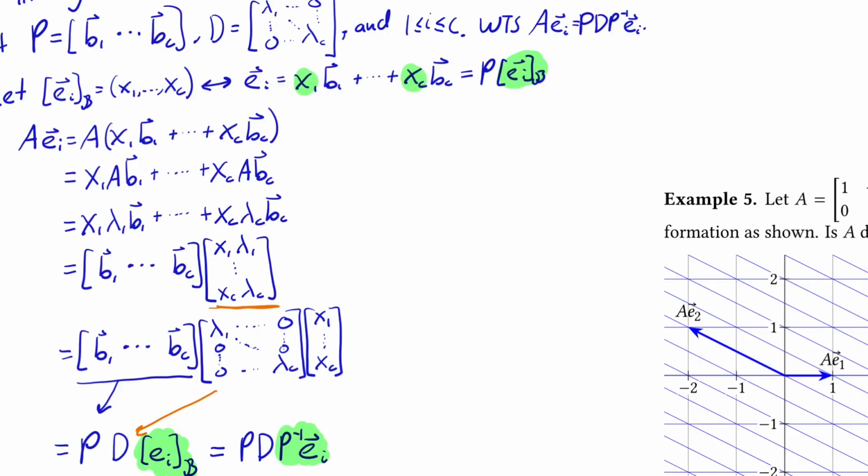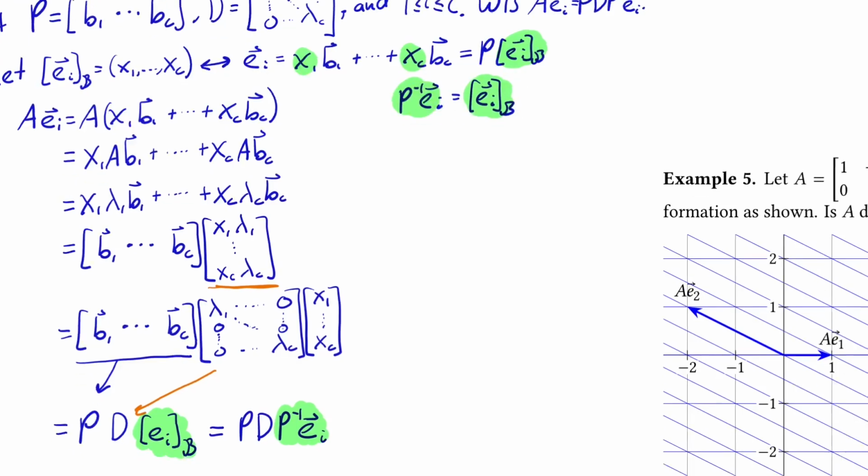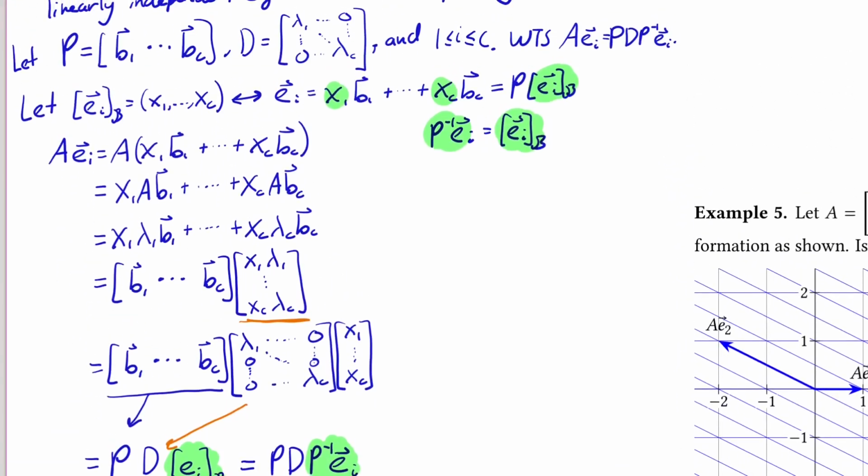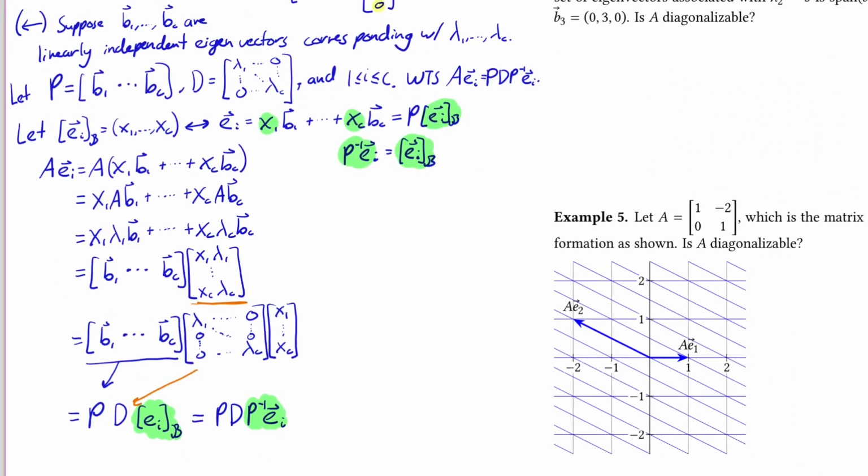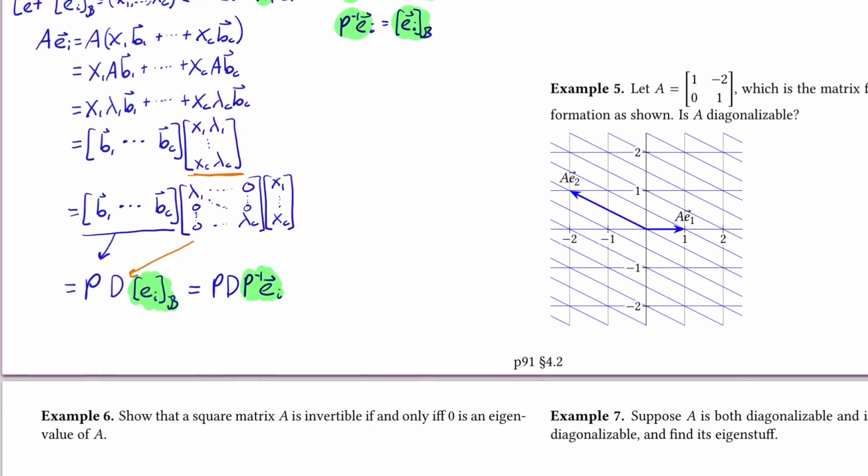If you were just to multiply both sides of this by P inverse, you just get that coordinate vector like so. So just making that substitution again. And that's what we were trying to show. We were trying to show that when we do A times EI, getting the ith column of A, that's the same thing as the ith column of P D P inverse.